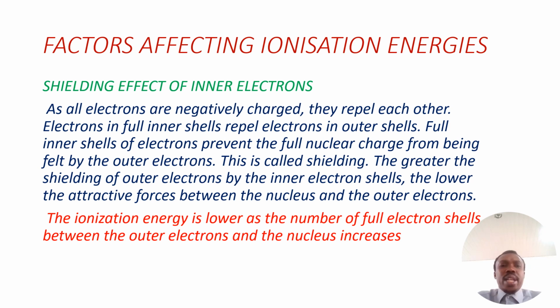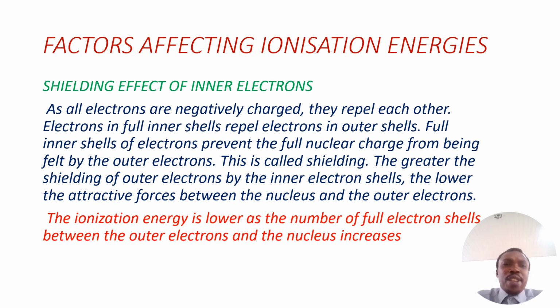Full inner shells of electrons prevent the full nuclear charge from being felt by the outer electrons. This is called shielding. So the greater the shielding of outer electrons by the inner electron shells, the lower the attractive forces between the nucleus and the outer electrons. The ionization energy is lower as the number of full electron shells between the outer electrons and the nucleus increases.